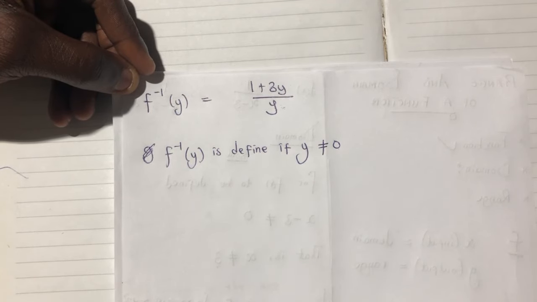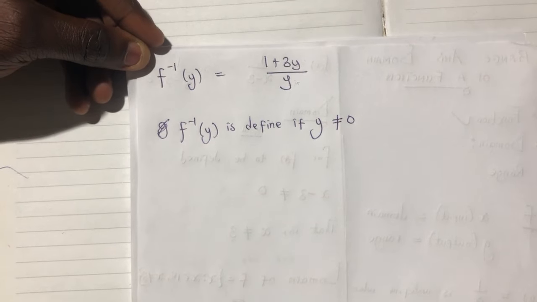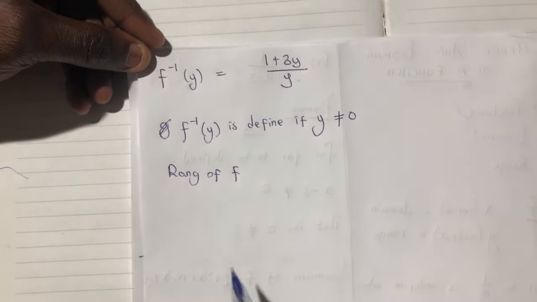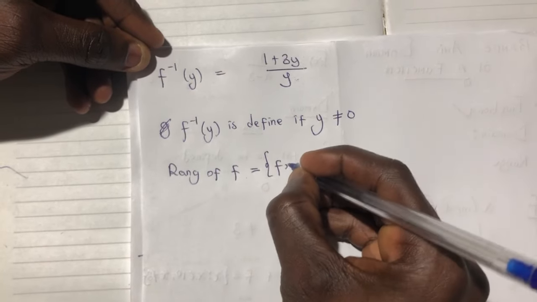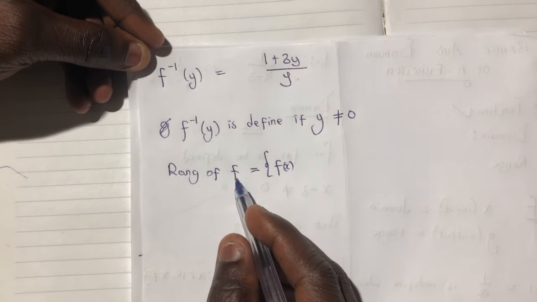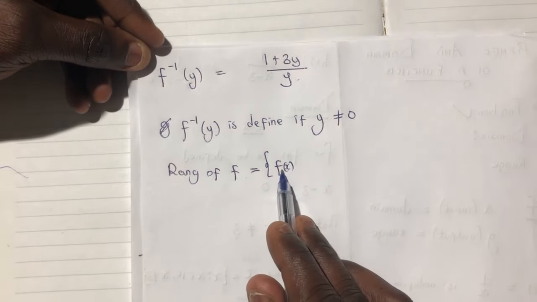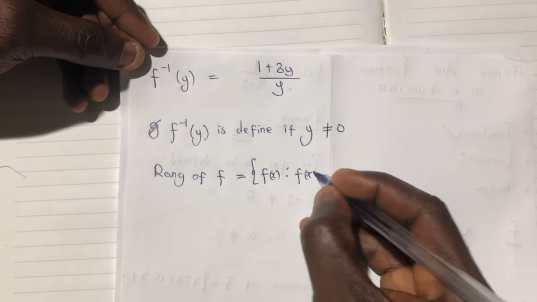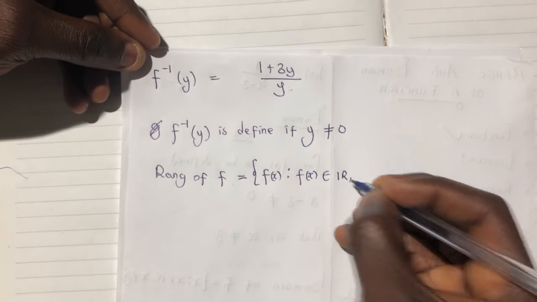Defined. So now we write a statement for the range as our final answer by saying range of f, the range of the function f equals f of x. We are interested in the function f of x, not the value x like in the domain. This time you don't say x, you say f of x is such that f of x is a member of all real numbers.